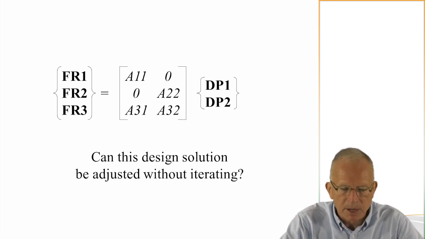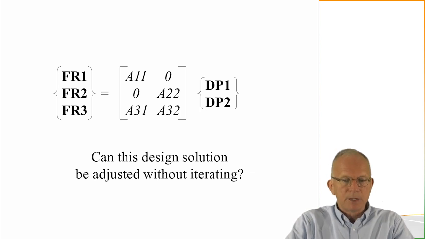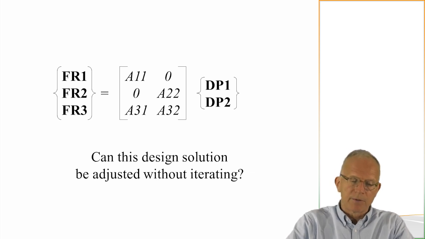So, all right, here are some exercises. Can this design solution be adjusted without iterating? We can see a couple of things here right away. One is that there are only 2 DPs for 3 FRs, so we know we have a problem. If we take a look, DP1 is influencing both FR1 and FR3.